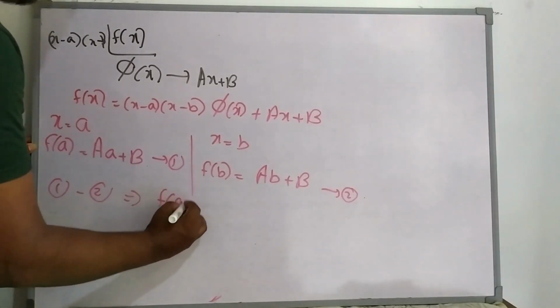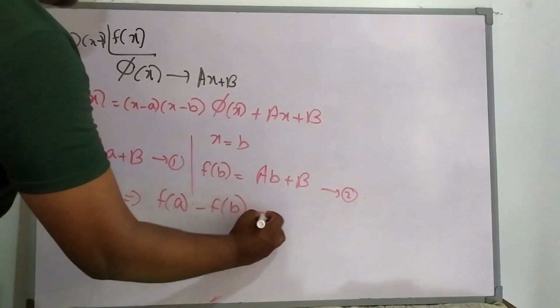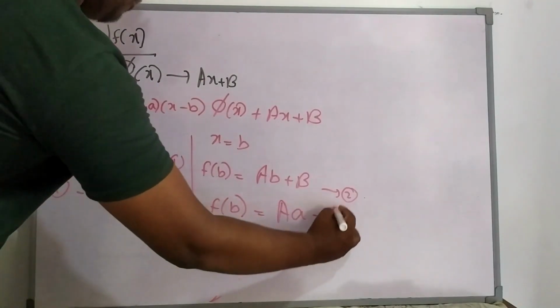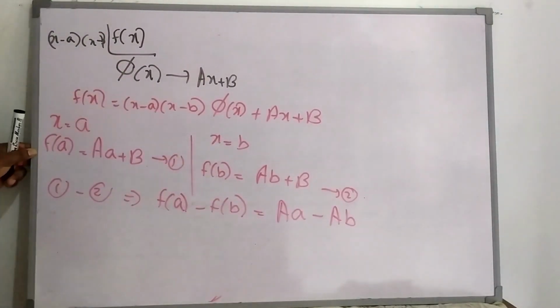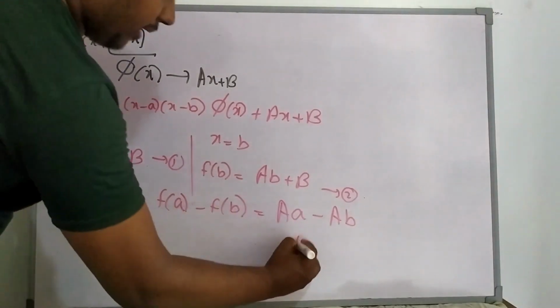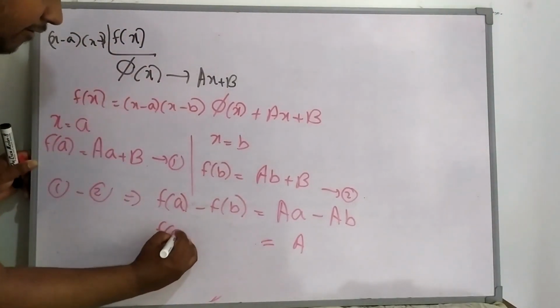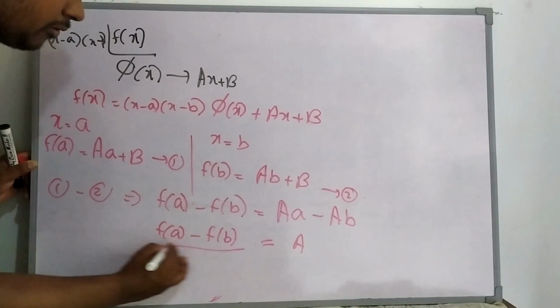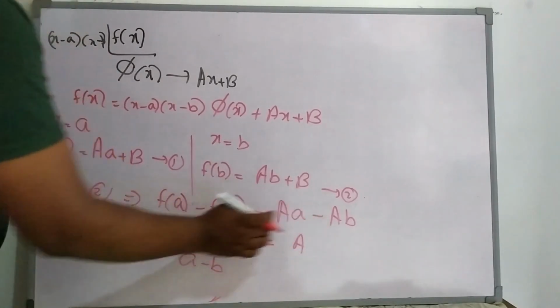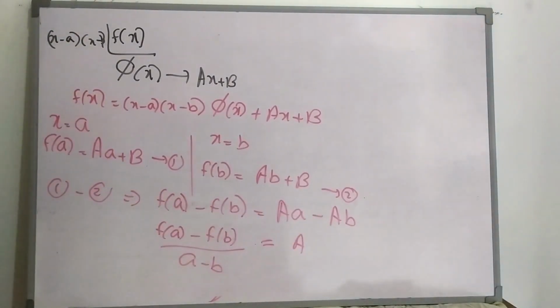Then f(a) minus f(b) equals capital A(a minus b), so B also cancels. Then capital A will be (f(a) minus f(b)) over (a minus b).